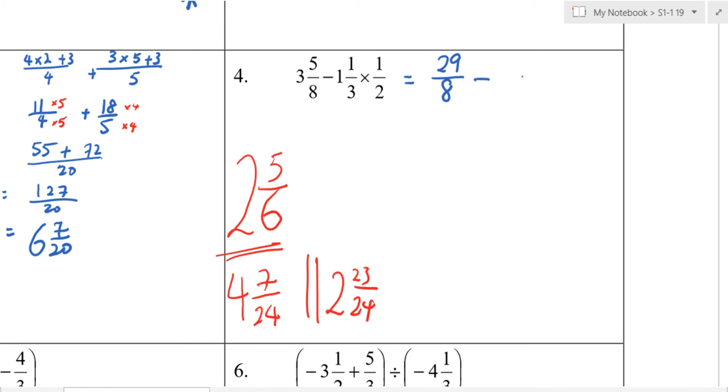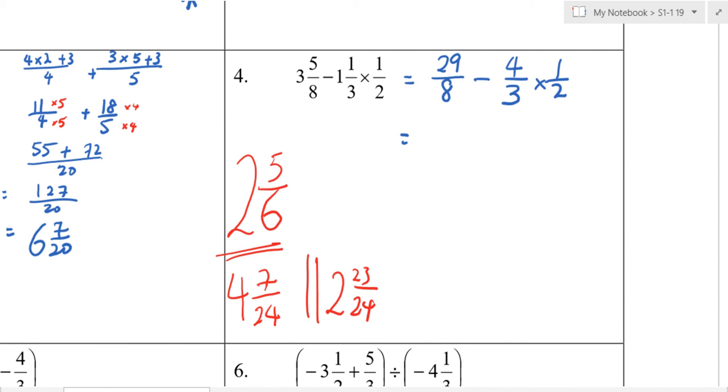Okay. Minus. How do you multiply? Do you change to improper? Improper gives you what? 4 out of 3 times 1 out of 2.